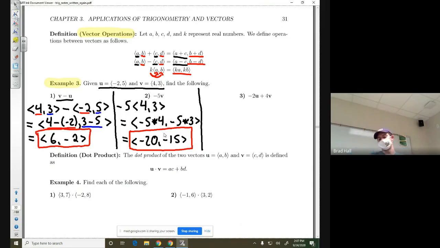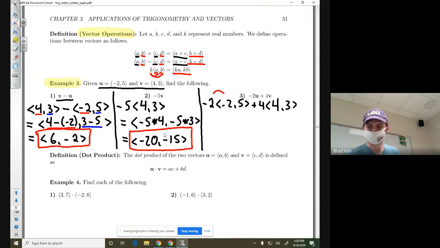For the last one, it kind of throws everything together. So -2u, where u is -2, 5, plus 4, vector 4, 3. So order of operations still applies the same way.